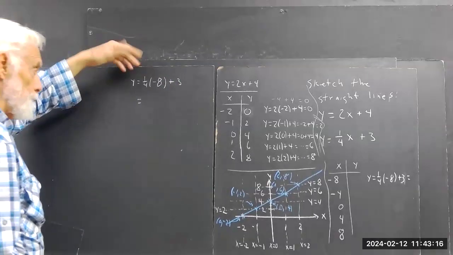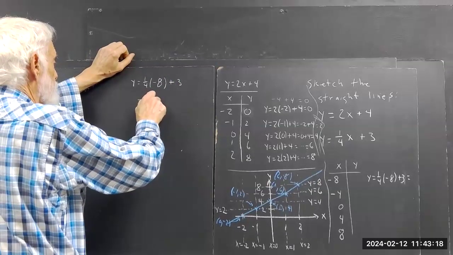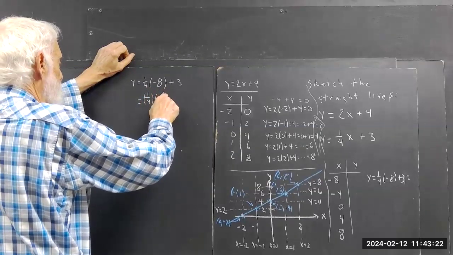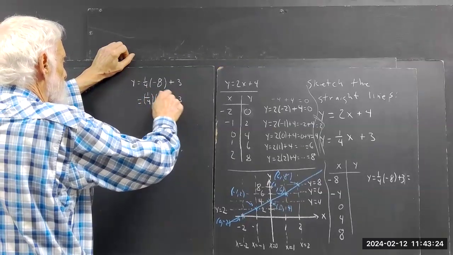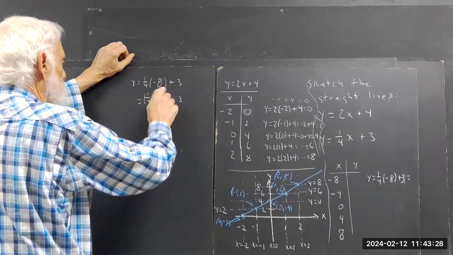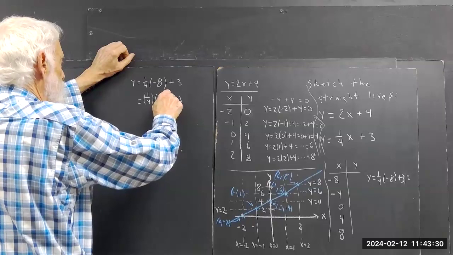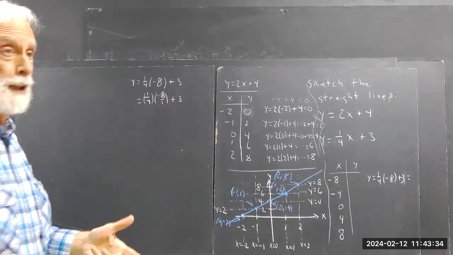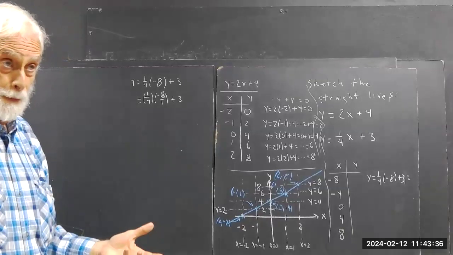I recommend you write everything as a fraction. And in this case, you don't find a common denominator, you're multiplying fractions. Multiplying and dividing fractions is easy, you don't have to find a common denominator.